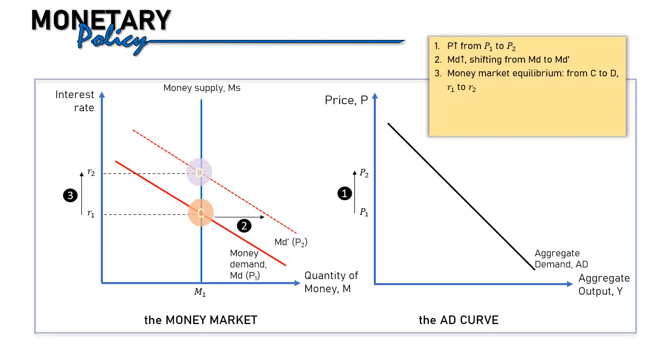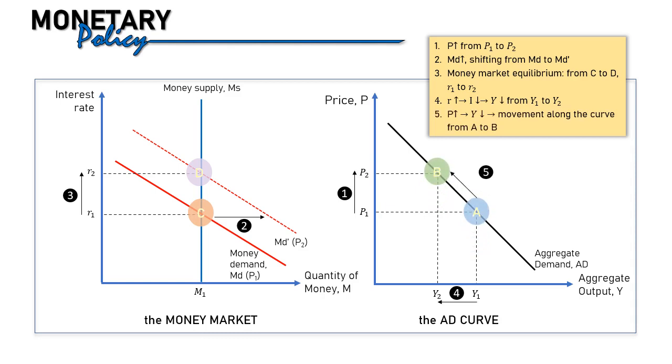Equilibrium moves from C to D. The resulting higher interest rate from price increase will lower the aggregate demand and the Y, because cost of borrowing is now higher and it lowers the investment. So we can observe here in the aggregate demand diagram, price increase results in lower Y, or movement along the aggregate demand curve from point A to point B.